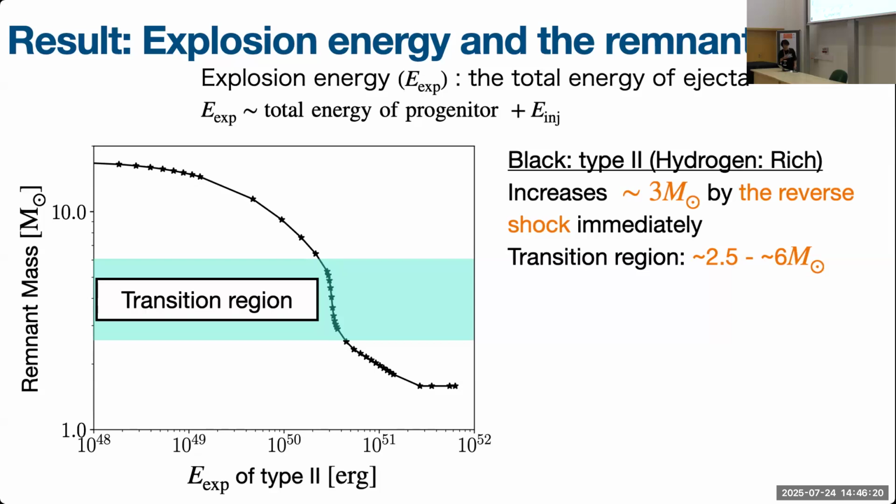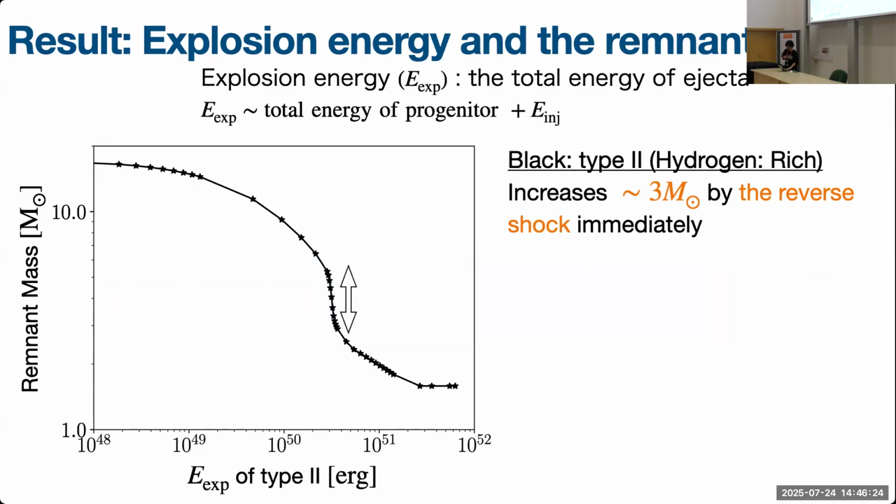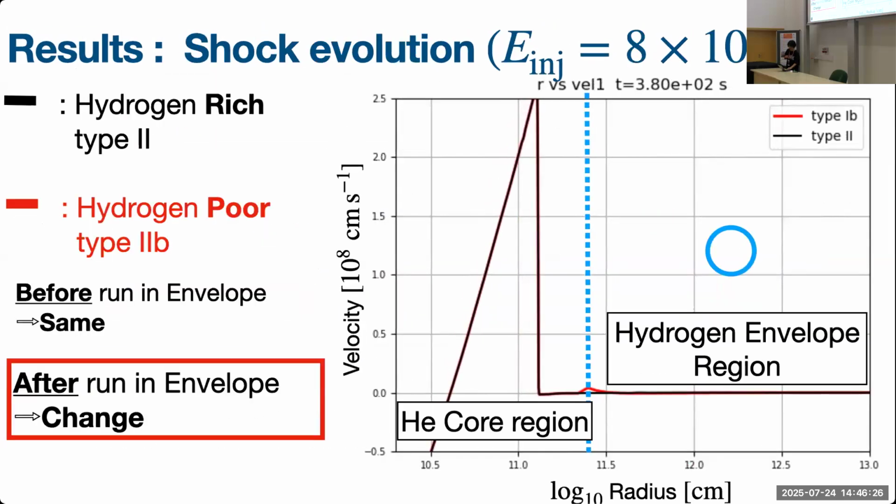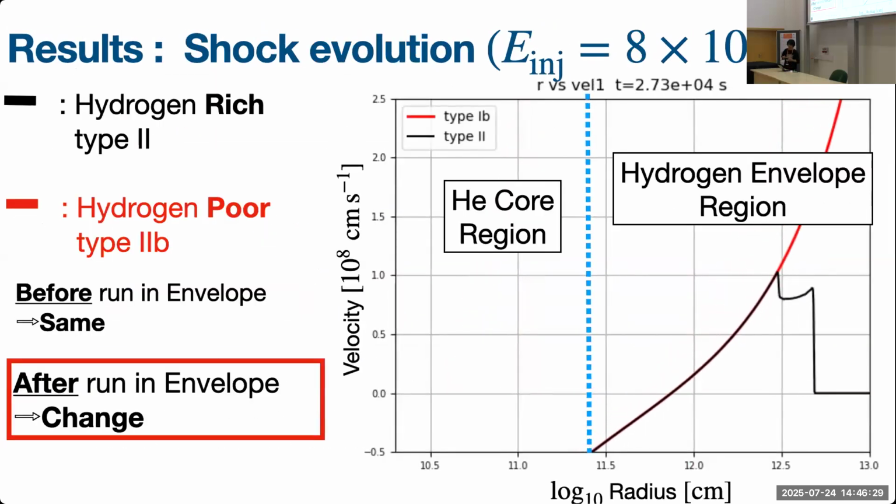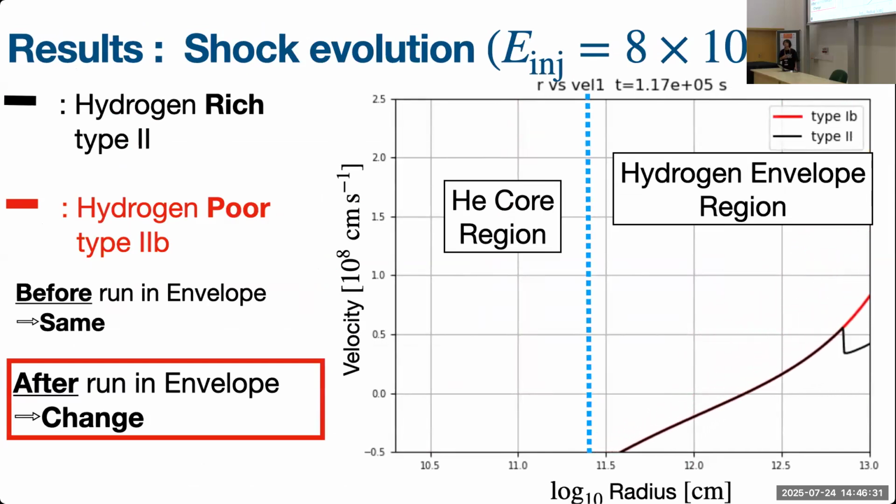So your question is what's enforced? Well, okay, go back to the movie, and I guess my question is, before that dashed line, what is the mass contained in the helium core region?